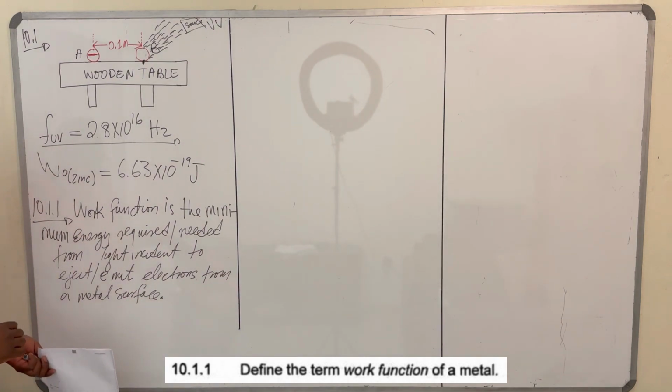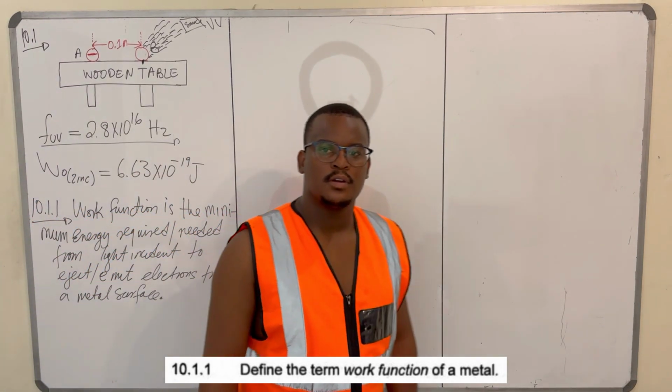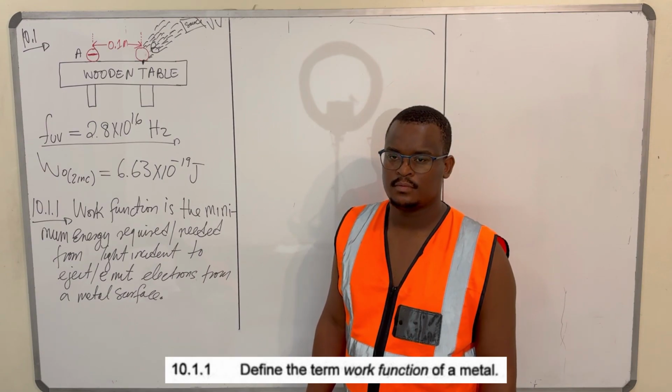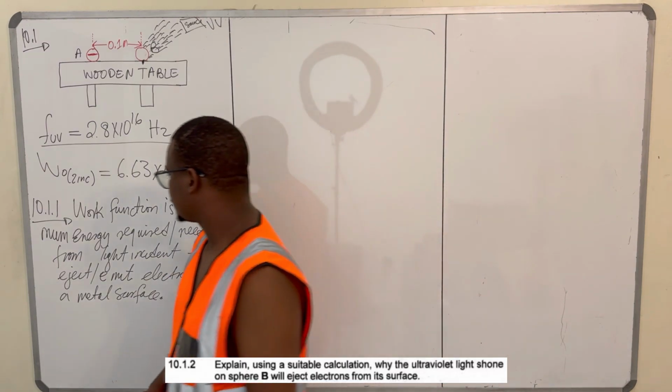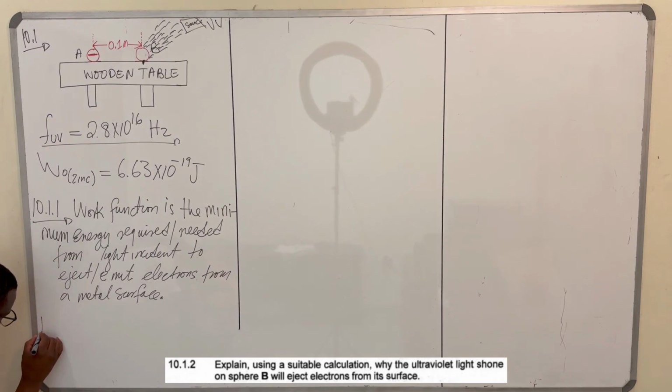So, like I said, the work function is the minimum energy required from incident light to emit or eject electrons from a metal surface. Right? So, go to the next one.